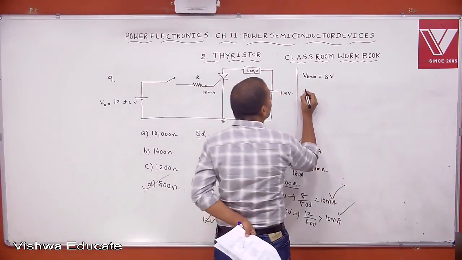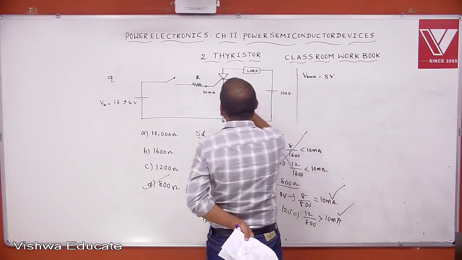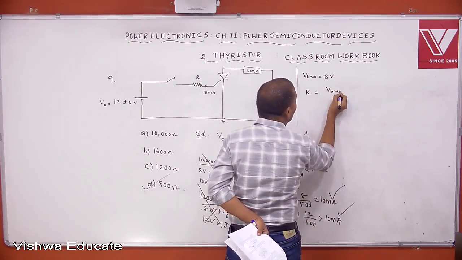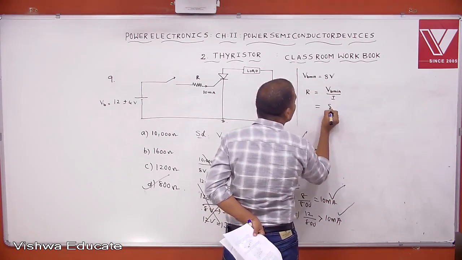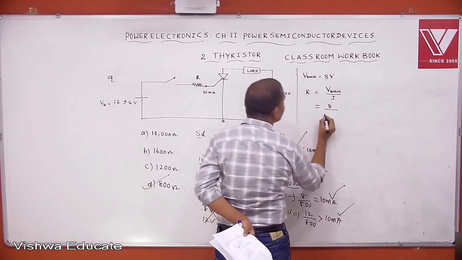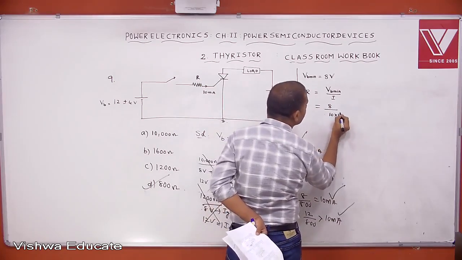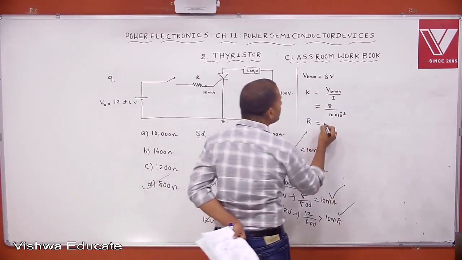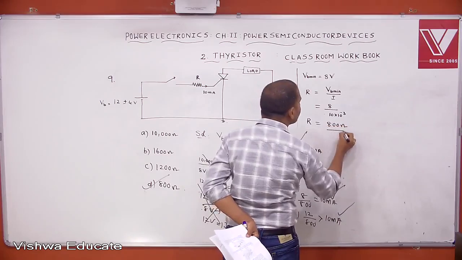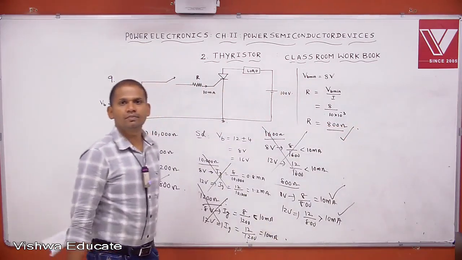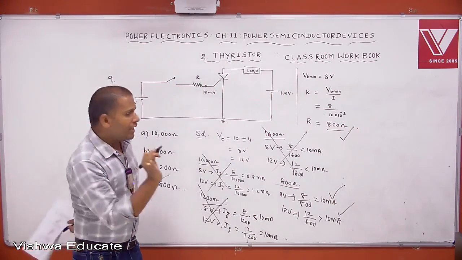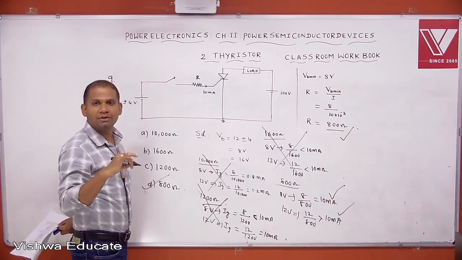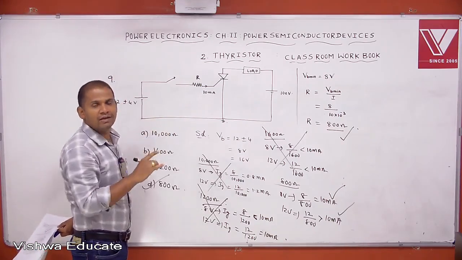We want to find R. R equals VB minimum by I. VB minimum is 8 volts and I is 10 milliampere. So the resistance we can connect equals 800 ohms. Like this we can also solve directly. Select the minimum voltage from the VB variation, and since the current is already given, you calculate the resistance.